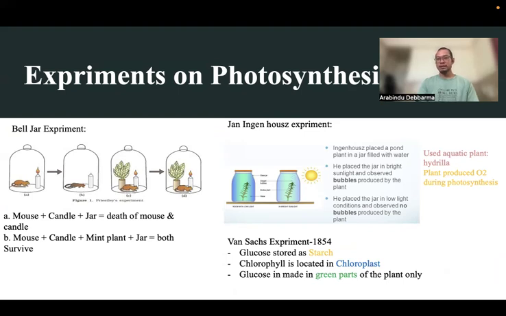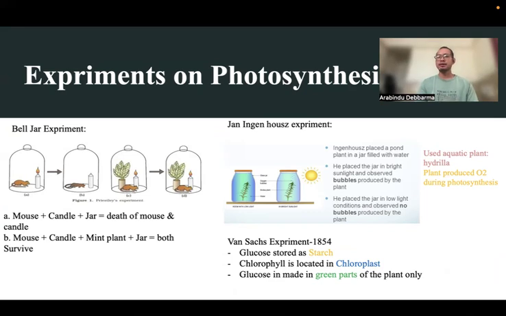Hence, it proved that there was no oxygen formation because no photosynthesis was being carried out inside the bottle.